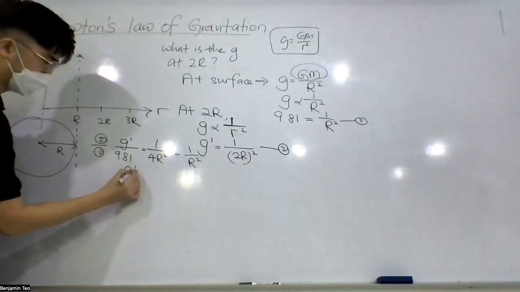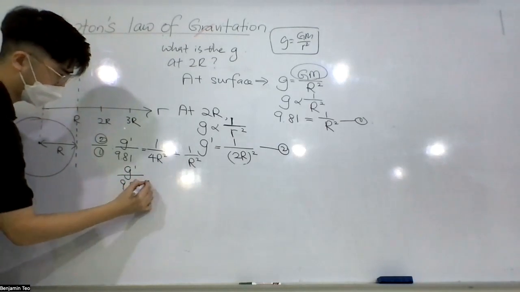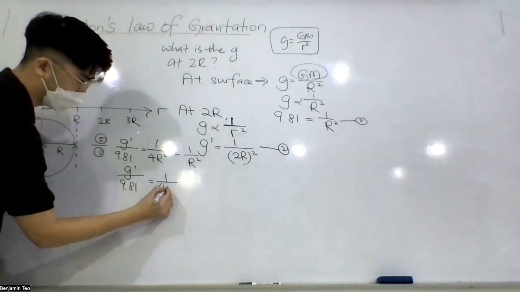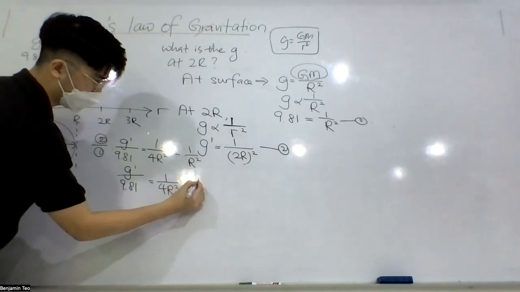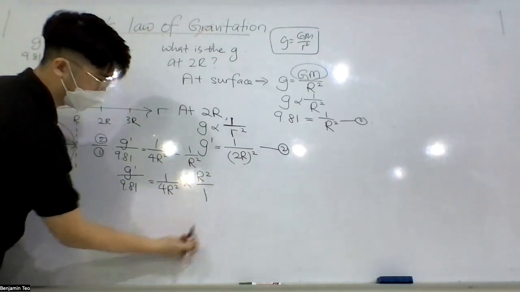So g dash is 1 over 4R squared times R squared over 1.